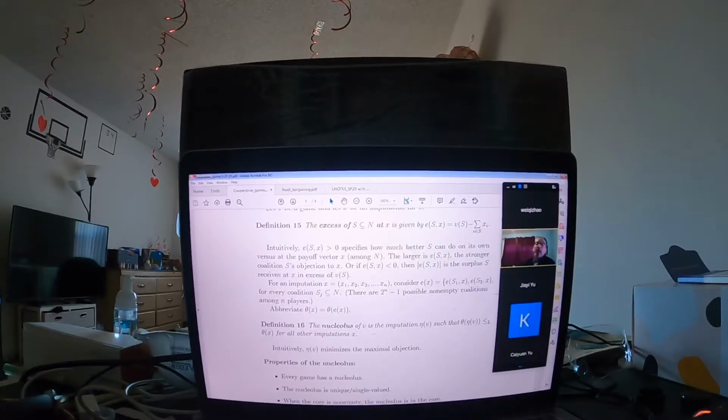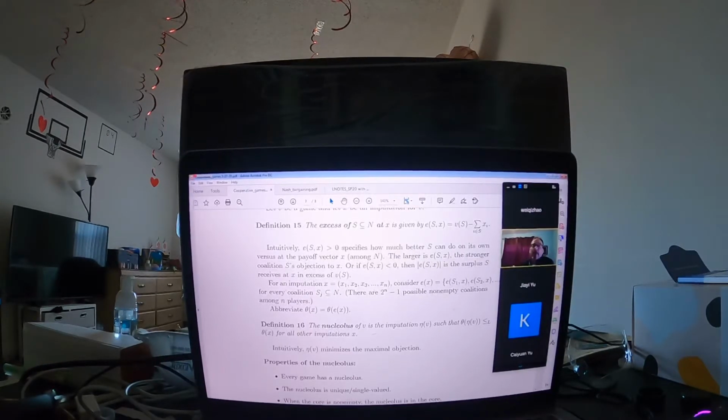That's going to be important because in some sense, the nucleolus is going to focus on the excesses, how much better off a coalition would be on their own, the valid objections, or the amount of surplus they receive. So at an imputation X, this notation is going to list out all the possible excesses for each coalition.